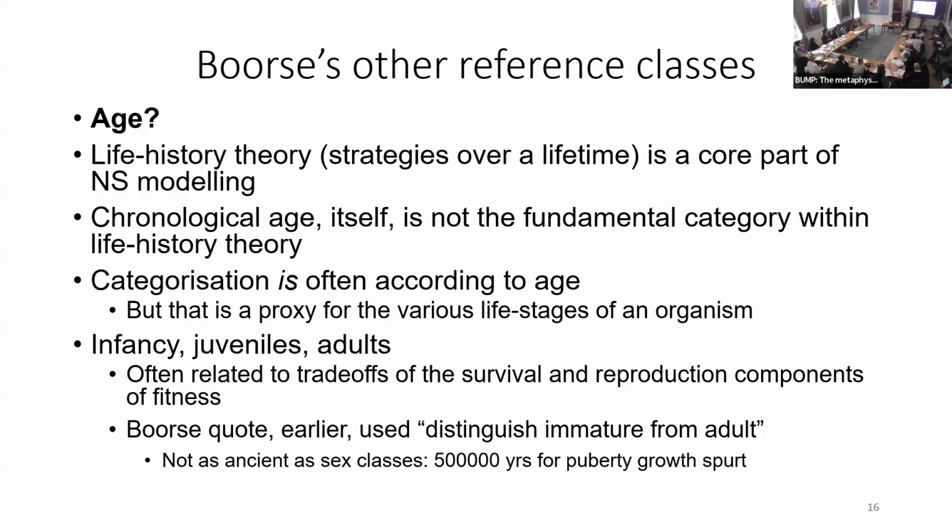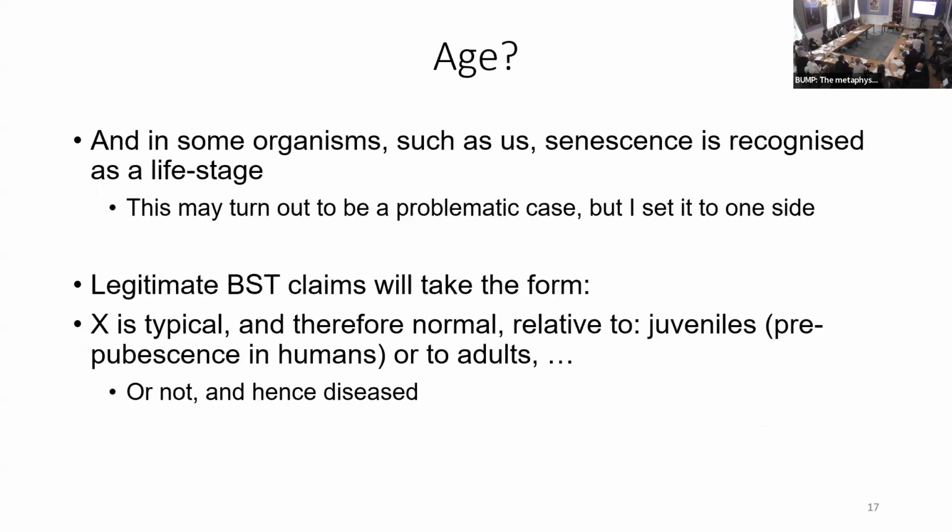We've also had that earlier quote distinguishing immature from adults. So I want to argue that classification according to life stage is again deeply embedded at the foundations of the theory of evolution by natural selection. So it's not an arbitrary choice. It's well motivated. In some organisms, senescence is recognized as a life stage.